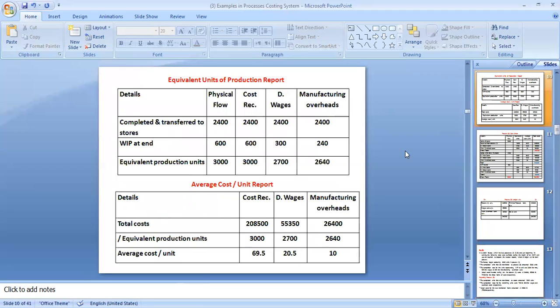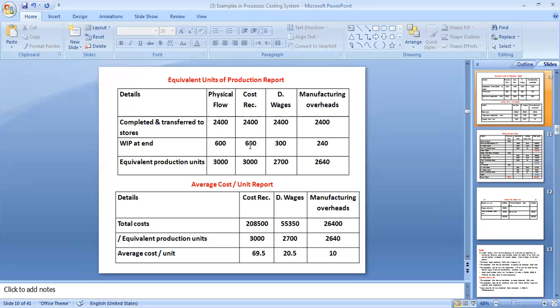Now, of the 3,000 units of process B, the completed are 2,400. So 2,400 for all the items. The remaining work in process, 600, without telling me, is 100% for material.